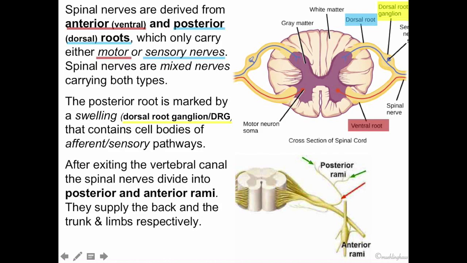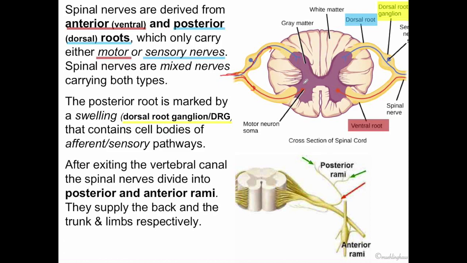So what that means is, when you follow this spinal nerve into the vertebral canal, through the intervertebral foramen you go, and then the spinal nerve splits into a part in the back and a part that goes to the front of the spinal cord.